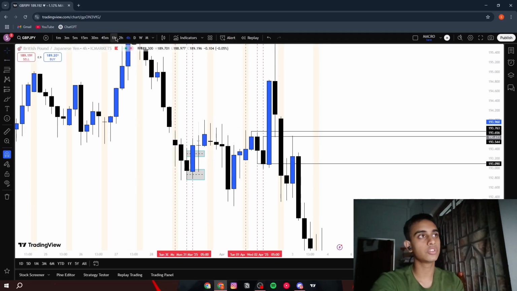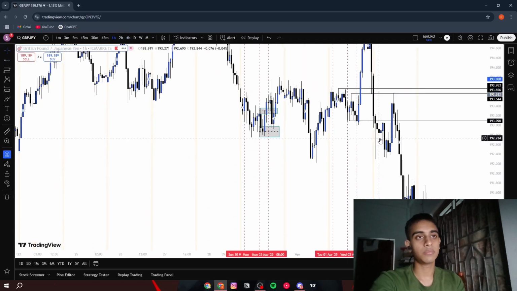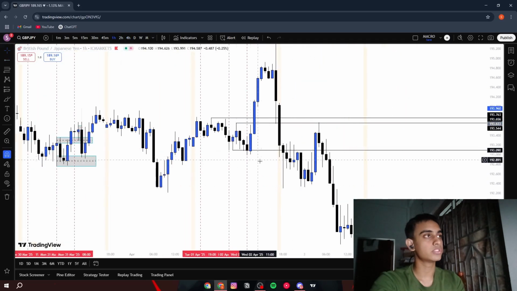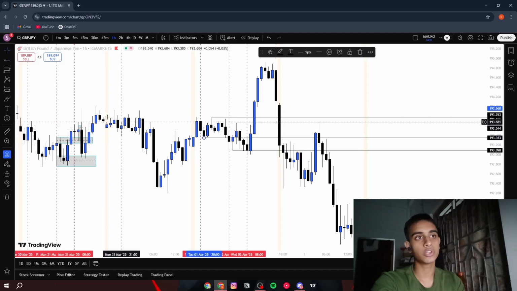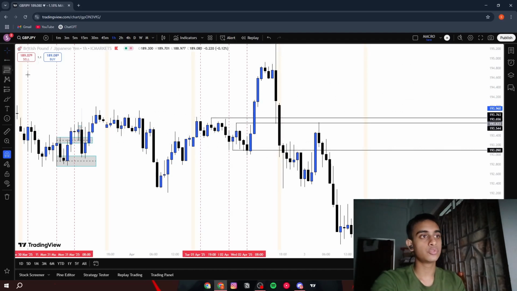After that, we go into one hour time frame and mark out the draws on liquidity, which are highs and lows. So this is the high, this is the low, which got taken out, so we don't have to do that. This is a low too, but this is too far away, so we don't have to mark out that also. This is a high, but it also got taken out, so we don't have to care about that.